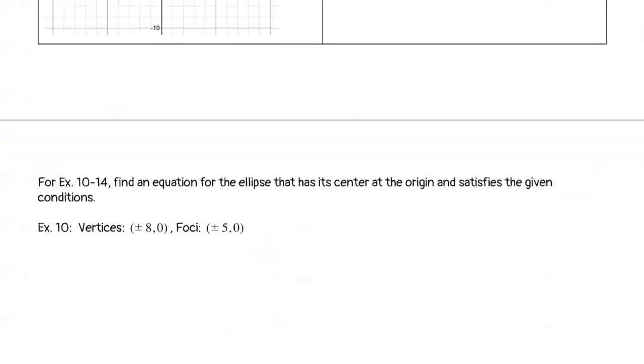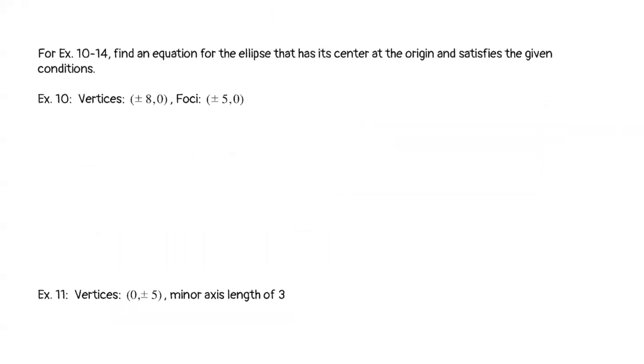And so let's take a look at these last few examples. All right. So for examples 10 through 14, we're going to find an equation for an ellipse that has its center at the origin and satisfies the different conditions.